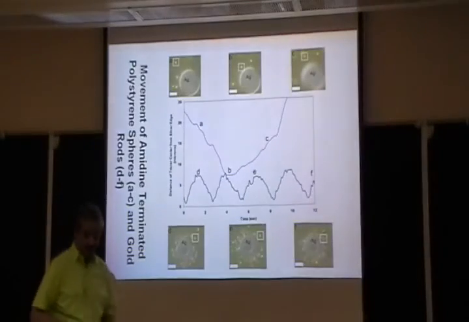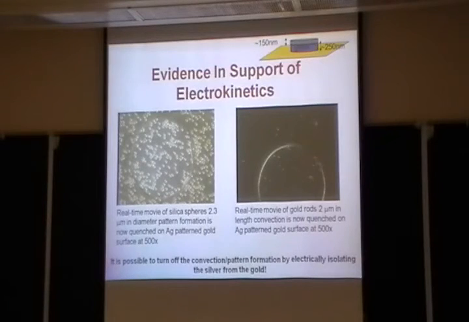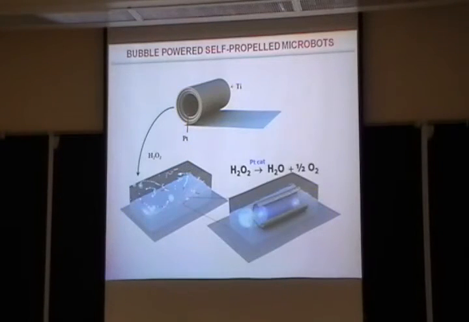Anyway, someone was interested in bubble-powered motor. So I have a bubble-powered motor. There are many ways you can move things. So, this is not our work. This is work by Sanchez in Dresden and by Joe Wang at UCSD. And I won't go into gory details of how you construct these things, but you can have rolled up tubes.